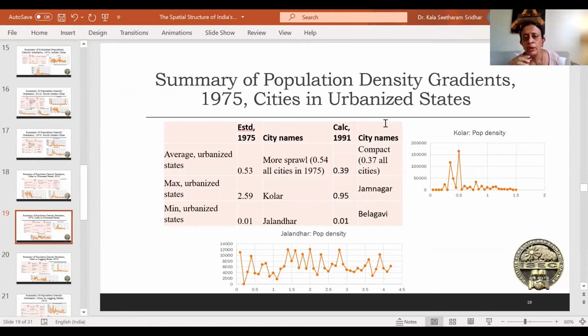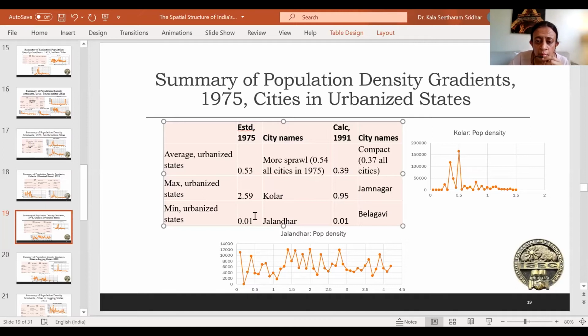Now, what happened to the population density gradients in 1975 for the cities in the urbanized states? You find that there is a very, very marginal change. However, we could say that there was sprawling in 1975, but they became compact in 2015, which I demonstrated in the previous one.